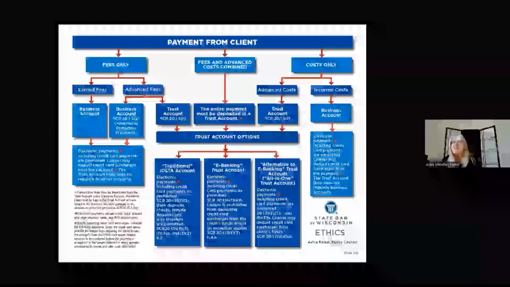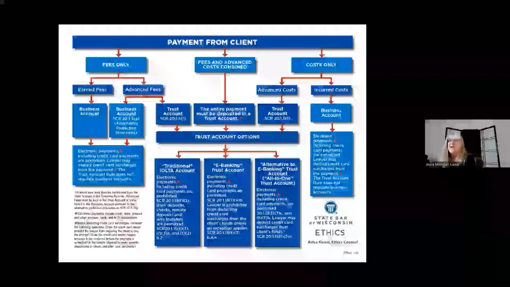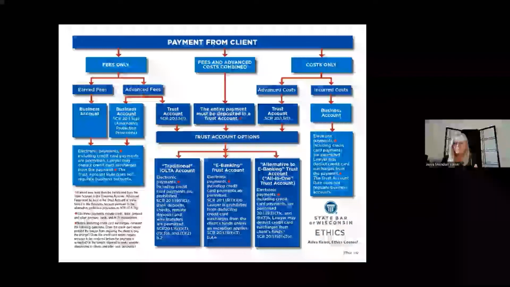So let's take a look at what types of payments must be deposited into a trust account. We know that advanced fees that are not subject to the alternative protection provisions of 1.5G must be deposited into a trust account.